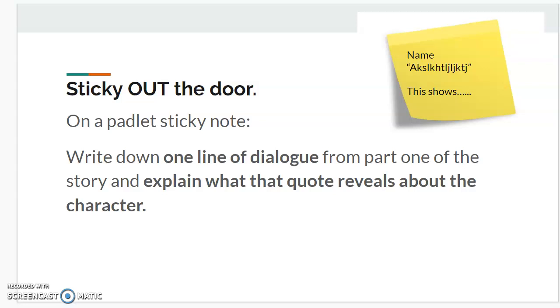So from any part of the story today that you listen to, you're going to pick out a line of dialogue that stands out to you, and explain what you can infer about the character that is being spoken about in the dialogue or about the character that is doing the speaking. So this is today's lesson.